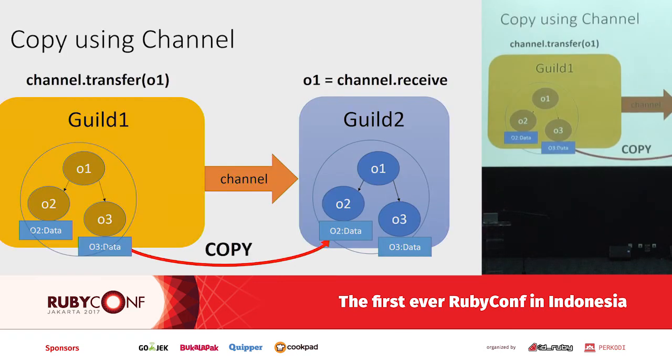Copy is very easy to understand. If we want to transfer object 1, and object 1 refers to object 2 and object 3, then we copy everything referred to from object 1.